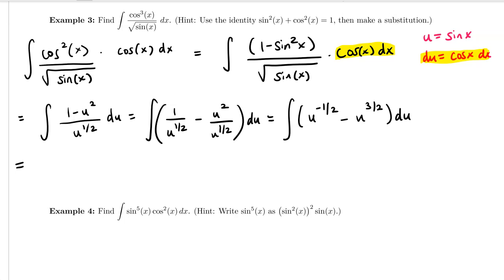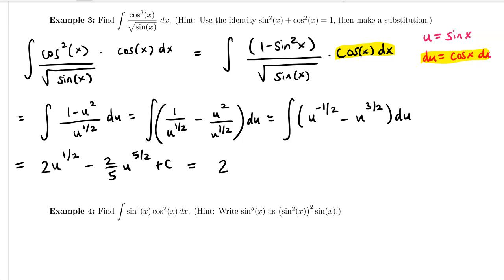So now I'm going to increase the power by 1 and divide by my new power. So I have u to the 1/2 power divided by 1/2, which is the same thing as multiplying by 2, and then minus 2/5 u to the 5/2 power plus c. And now I just want to go ahead and plug in my original u value.